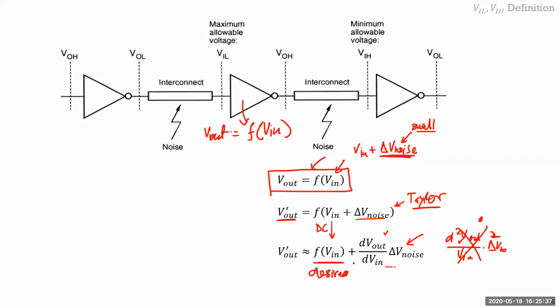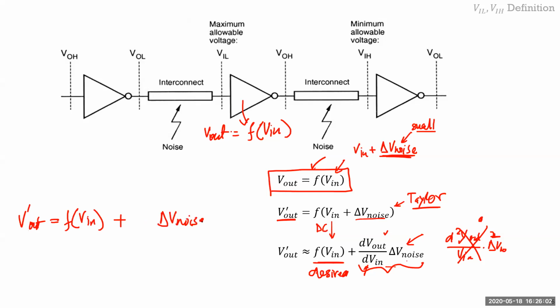So that's your desired input. This is your undesired output, which is some gain term, some constant, which is the derivative of this times the delta V noise, right? As I was explaining in this slide before, V out is equal to this modified V out, a function of V in, plus some times V noise.